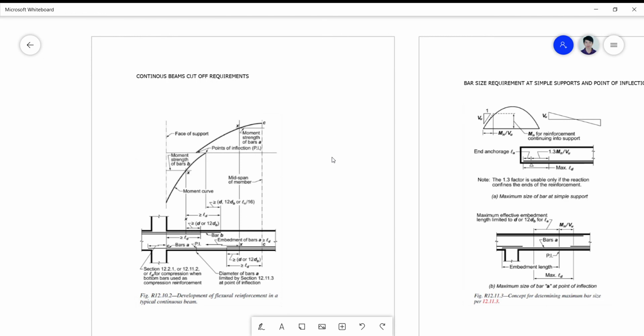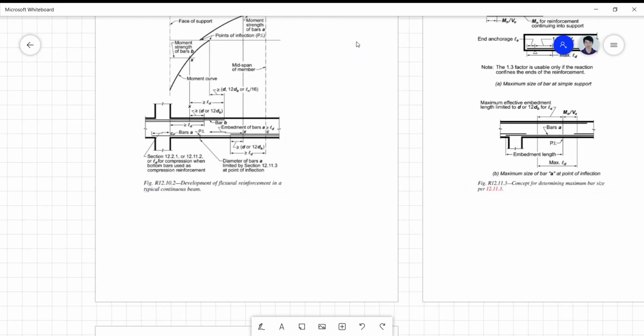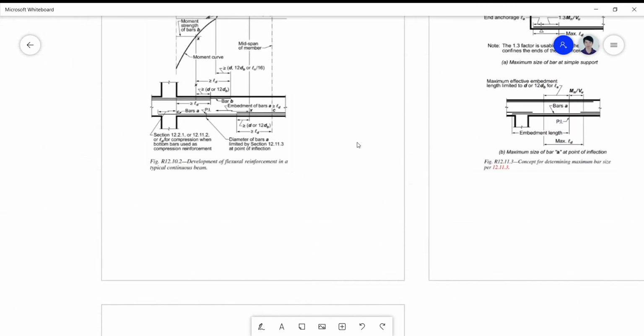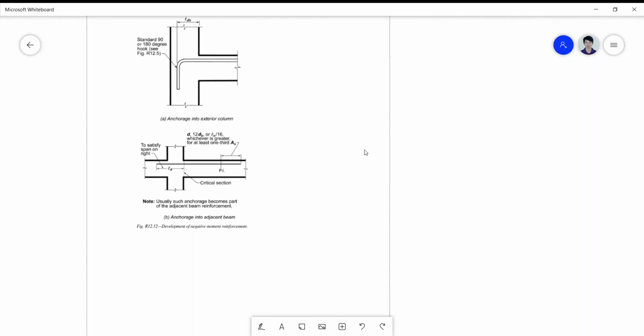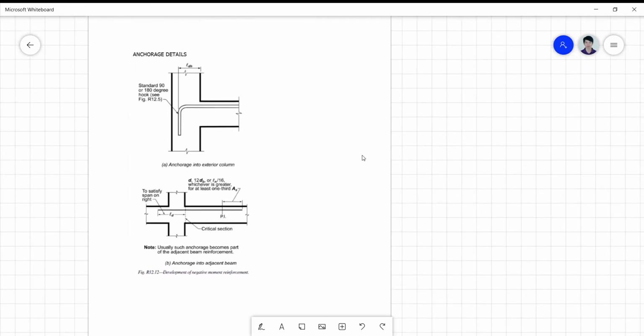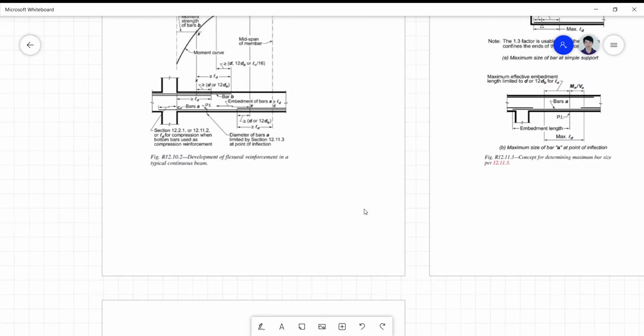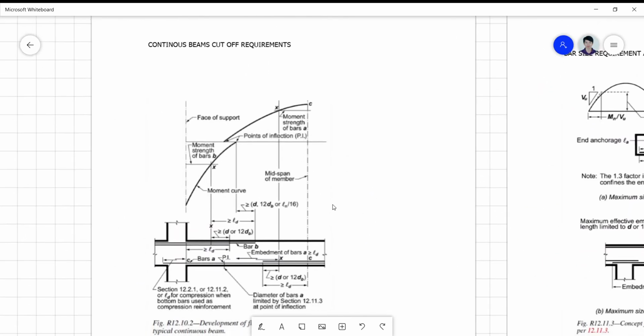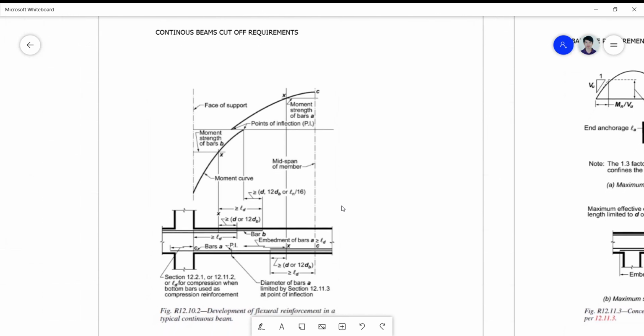So let's move on to some of the details shown by the ACI on how to terminate bars. Okay, so this is for continuous beams cut-off requirement.